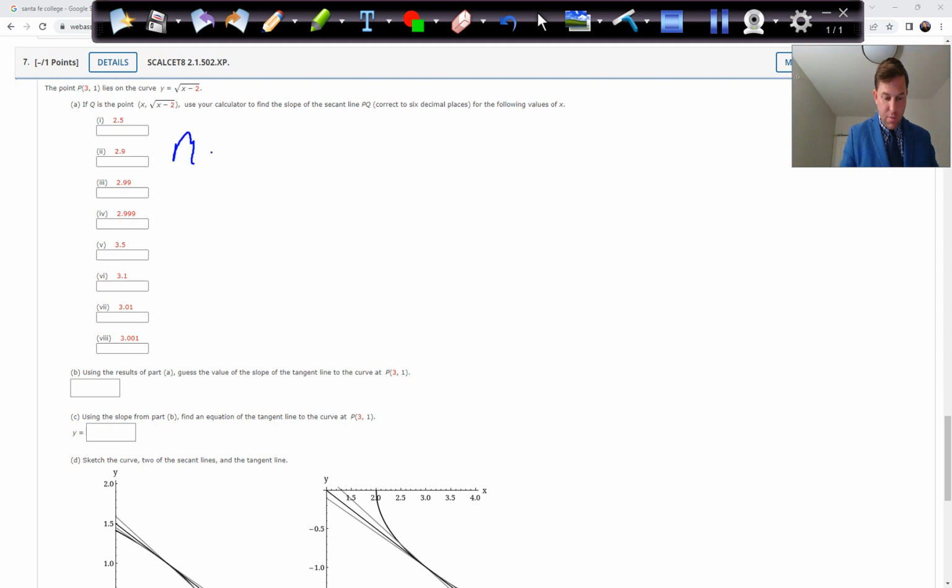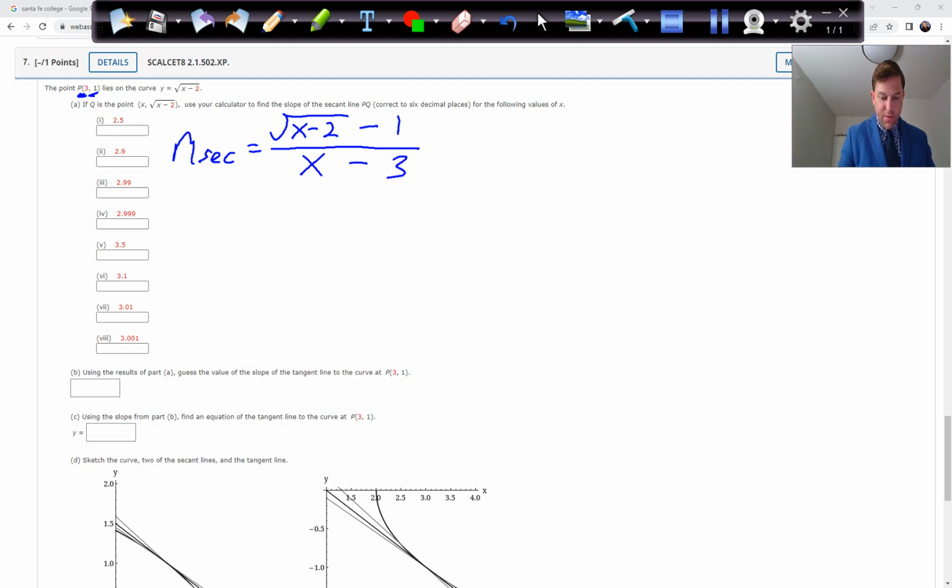So the slope of the secant line is going to equal y2, which is going to be the square root of x minus 2, minus y1, but y1 is always going to be 1 from this point, divided by x, which we can pick to be anything, minus x from the point, which is 3.